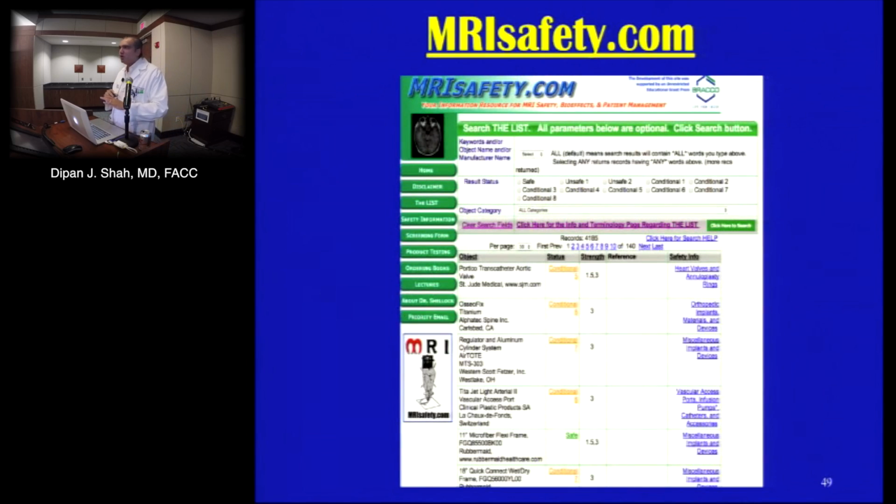unless a device has absolutely no metallic components at all, you can't say it's MRI safe. What you can say is it's MRI conditional, and the way they define MRI conditional is they do modeling for a variety of different scenarios. They try to say, okay, if the device is sitting in this location, what if it's angled this way, or that way? What if the radio frequency waves that you transmit are a different strength?